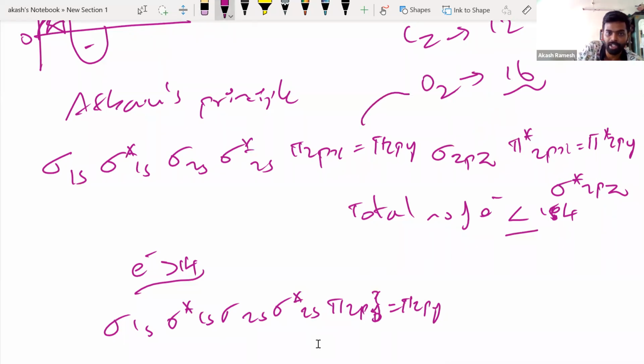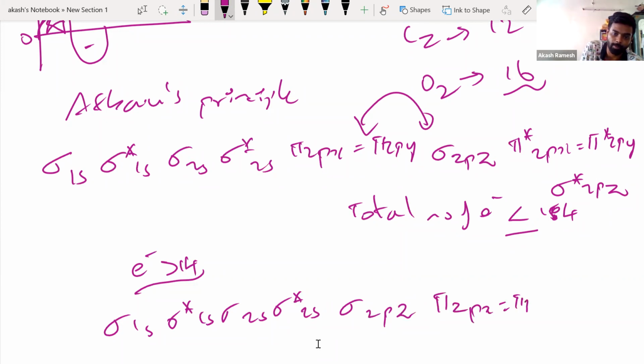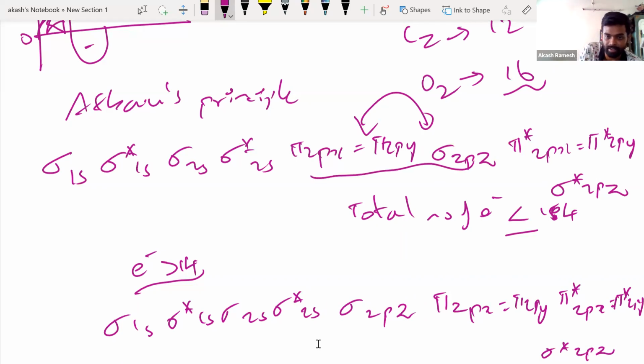You have to interchange this and this. So now this is wrong. This would be sigma 2pz. Then comes pi 2px equal to pi 2py, then pi star 2px equal to pi star 2py, then your sigma star 2pz. So you see, the only difference is between electron count greater than 14 and electron count less than 14.